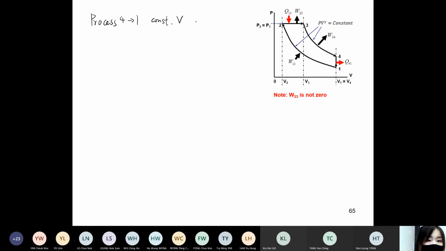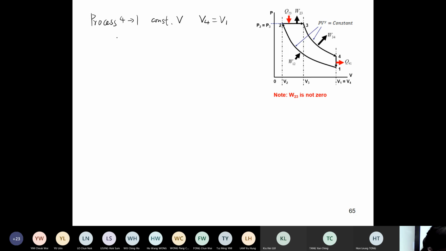Constant volume means no work, because we do not have any displacement. V4 equals V1 because it's a constant volume process. This is the characteristic of this process.